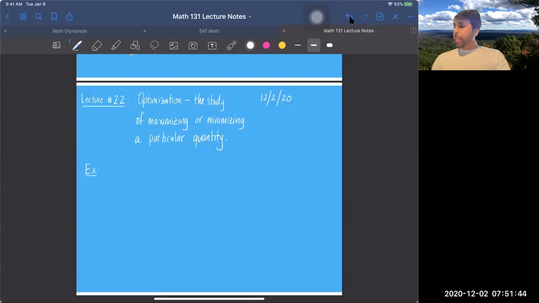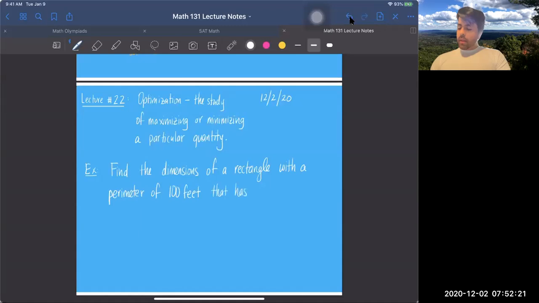So example, let's start slow. It says find the dimensions of a rectangle with a perimeter of 100 feet that has the largest possible area.